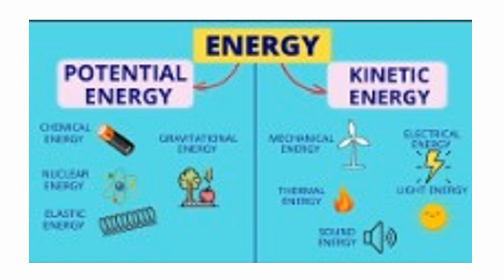Chemical energy is energy stored in bonds of atoms and molecules. A battery stores chemical potential energy, which is converted into electrical energy. Elastic energy is potential energy stored as a result of deformation of an elastic object, such as the stretching of a spring or a rubber band.